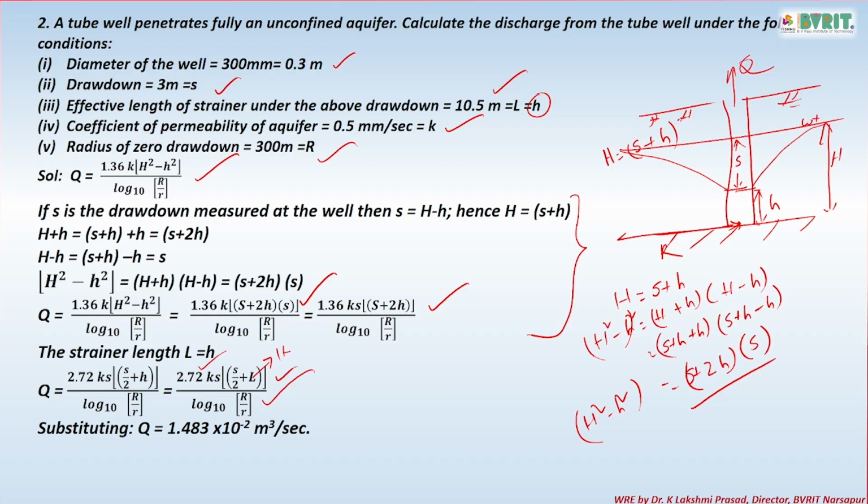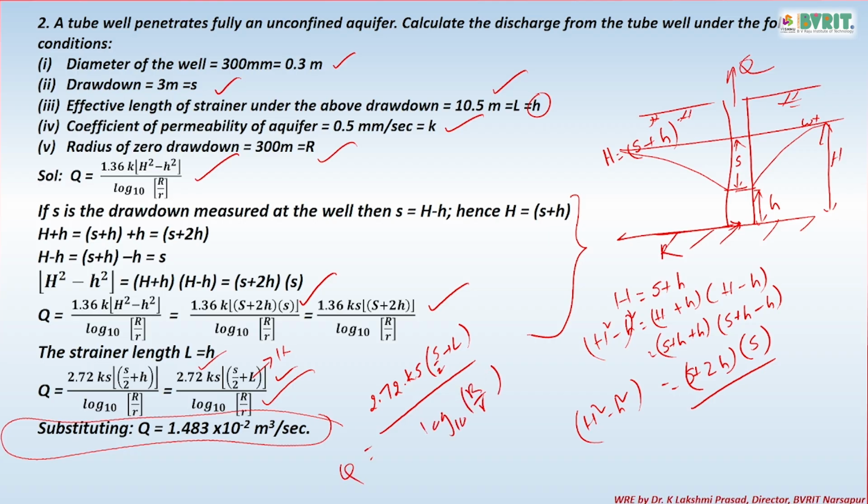Once I know it, now it is only substitution: you can substitute K, S, L, R, and small r, and you can get that. This is another equation you don't need to muddle up. So what is the principle I have used? Q is equal to 2.72 K S into (S by 2 plus L) divided by log base 10 R by r. This doesn't change. This is what we call Q.